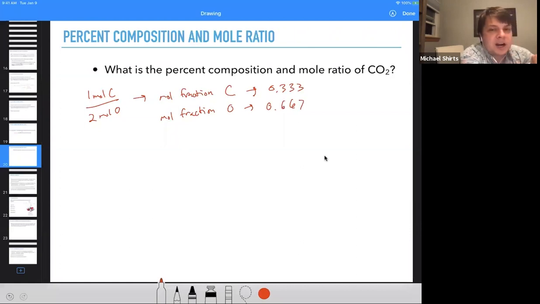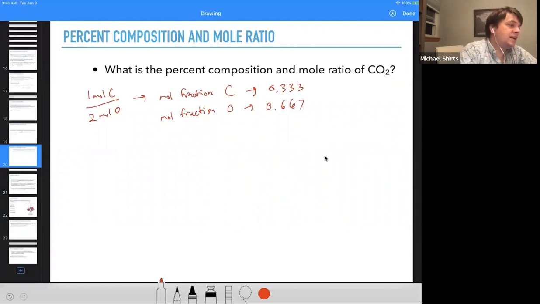What about the percent composition by mass? Well, this is relatively straightforward to calculate because what we can do is figure out what fraction of the total mass in this is carbon. So the first thing we need to do is figure out what the total, what the molecular mass is.